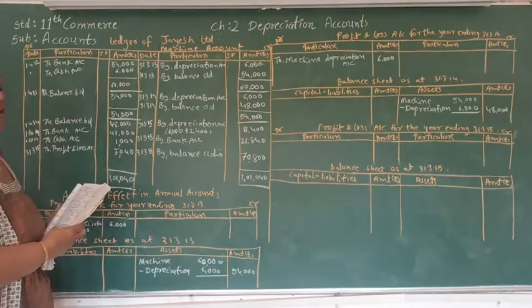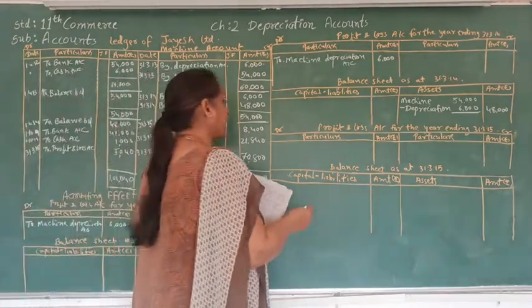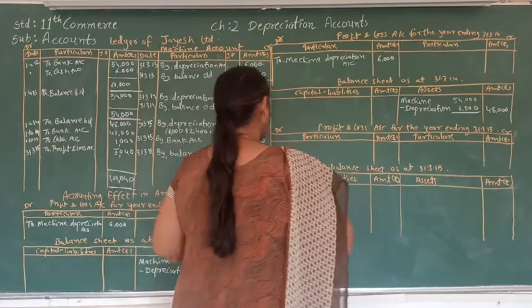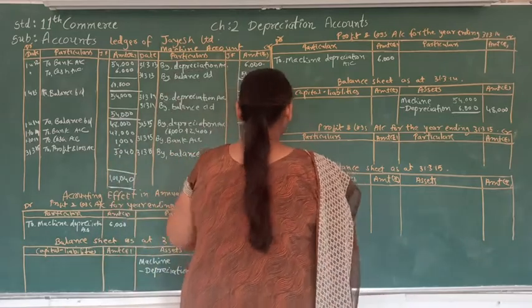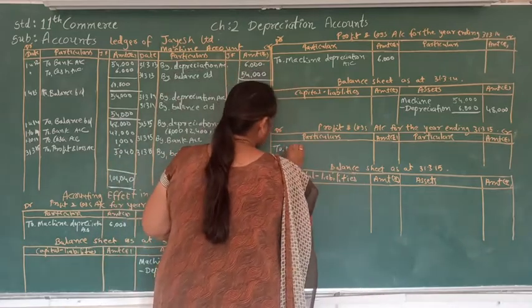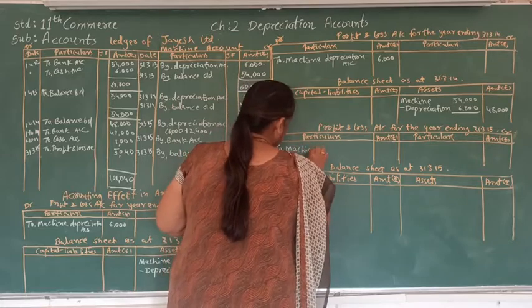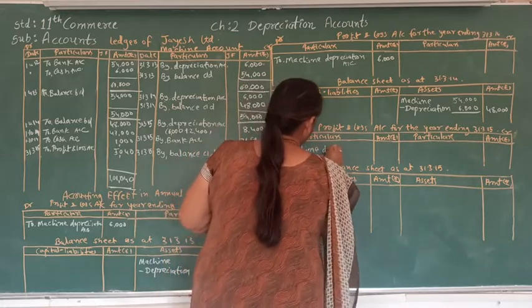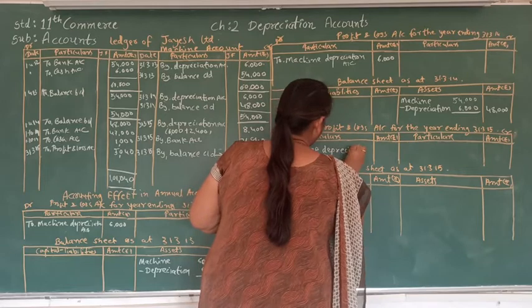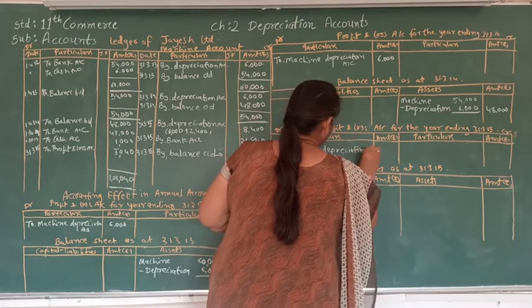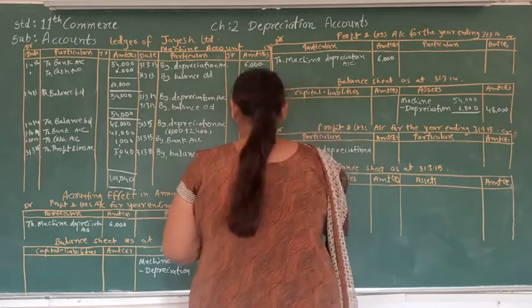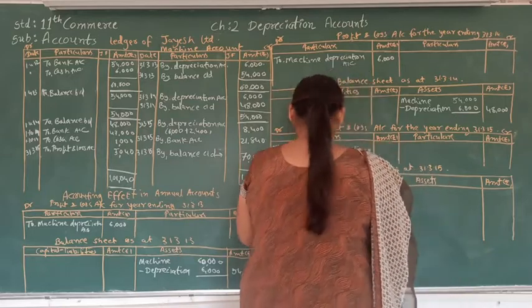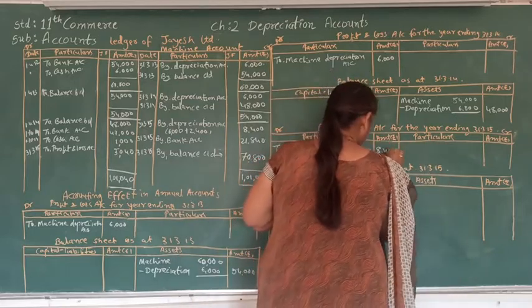Now let's give the effect in the final accounts. For that, depreciation for the third year will be to machine depreciation account, and as we have calculated, 8,400.